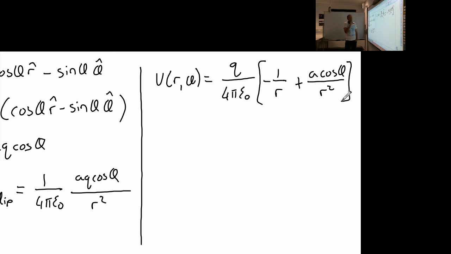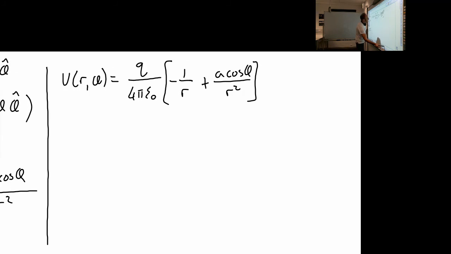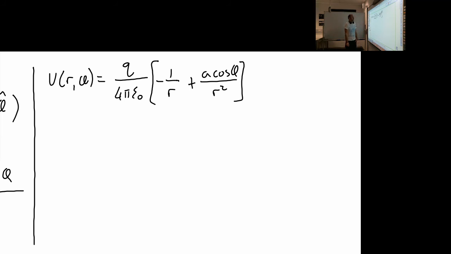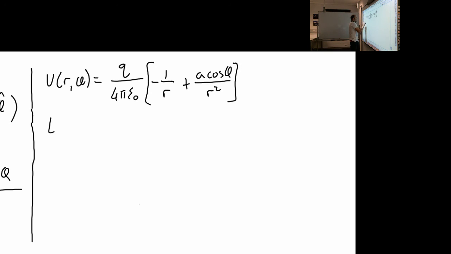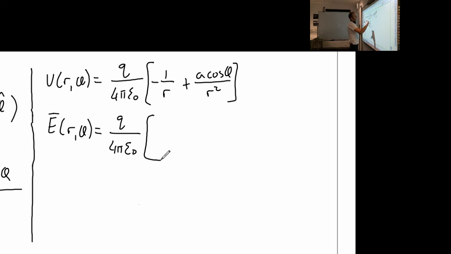Now, what we want to do here is determine what our electric field is. So to determine what our electric field is, we take the derivative of our potential with respect to r and with respect to theta, and this will give us our final answer. So the electric field, which depends on r and theta, will equal q divided by 4 pi epsilon naught. Then we take the derivatives of these with respect to r and with respect to theta.